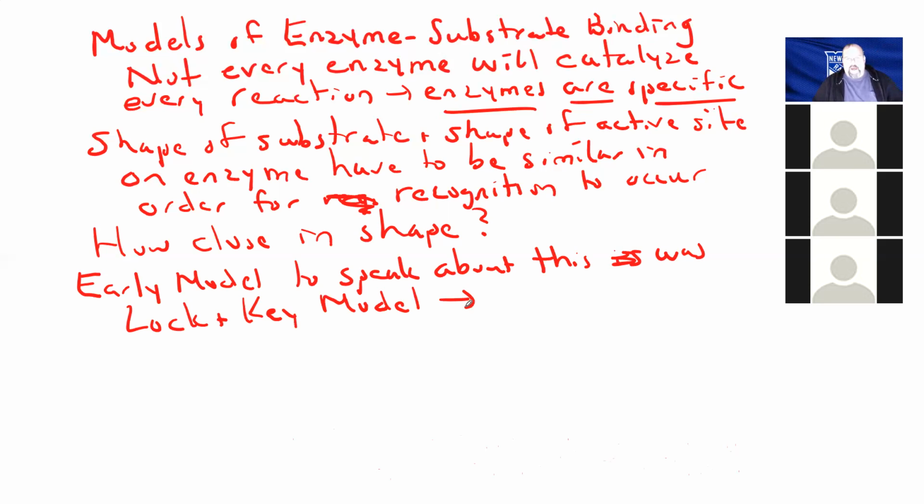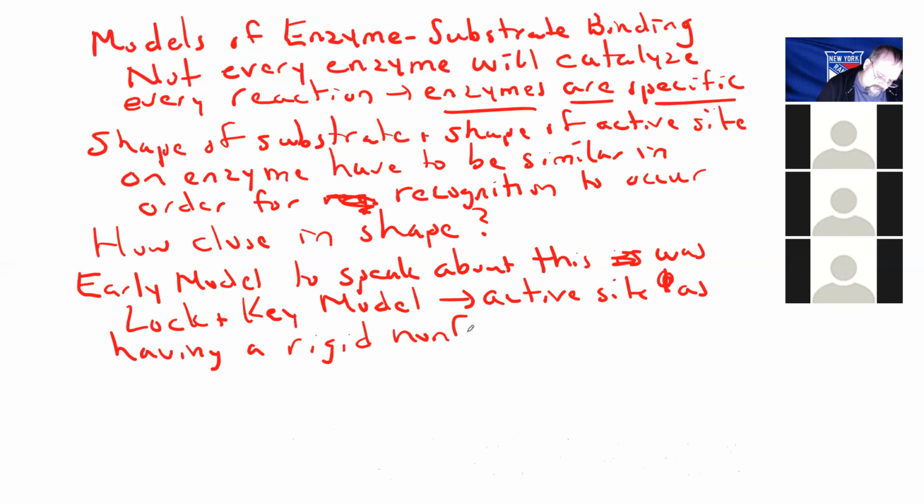Essentially, the lock and key model describes the active site as having a rigid, non-flexible shape. And therefore, in order for binding to occur, the shape of the substrate, the shape of the reactant molecules, would have to have an exact match to the shape of the active site.